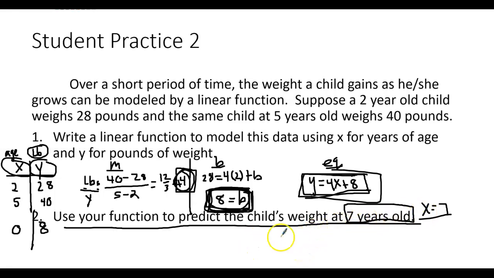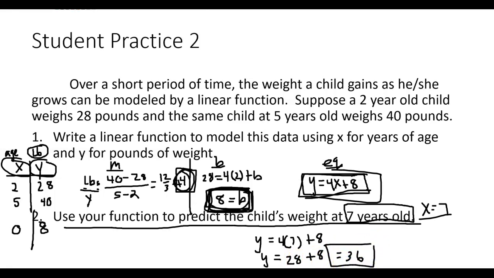So what you guys should have done here is, since we know that they're telling us the child's age is 7, that means x equals 7. And if x equals 7, that means I can find y by plugging in 7 for x. And y is the weight. So in other words, now I can calculate what the child's weight is. So we have y equals 28 plus 8. 28 plus 8 is 36.